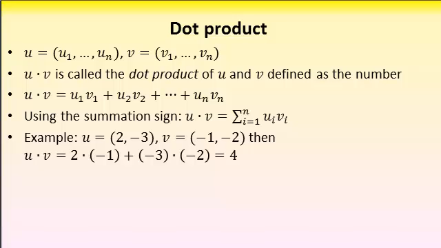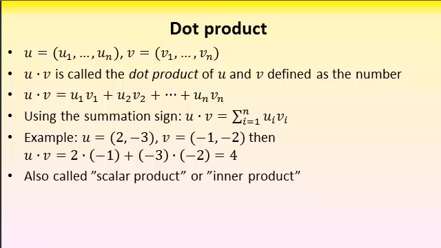There are alternative names for dot product. It's also called scalar product. When you use the term scalar product, you have to distinguish it from scalar multiplication. By scalar multiplication, we mean that we take a scalar and we multiply it by a vector or a matrix.